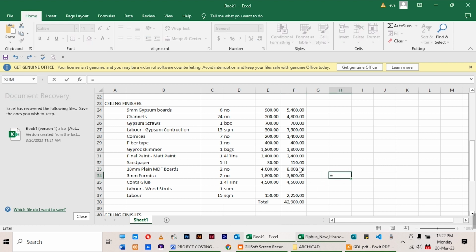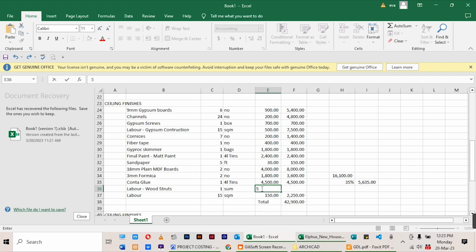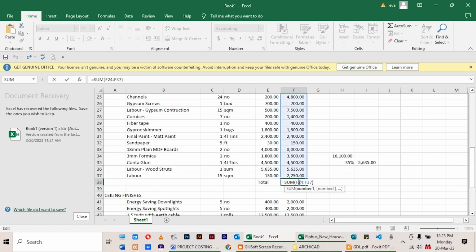Let me do sum of this up to there. That's the total. So we need that 5%. Multiply by this. Gives you 5,635.